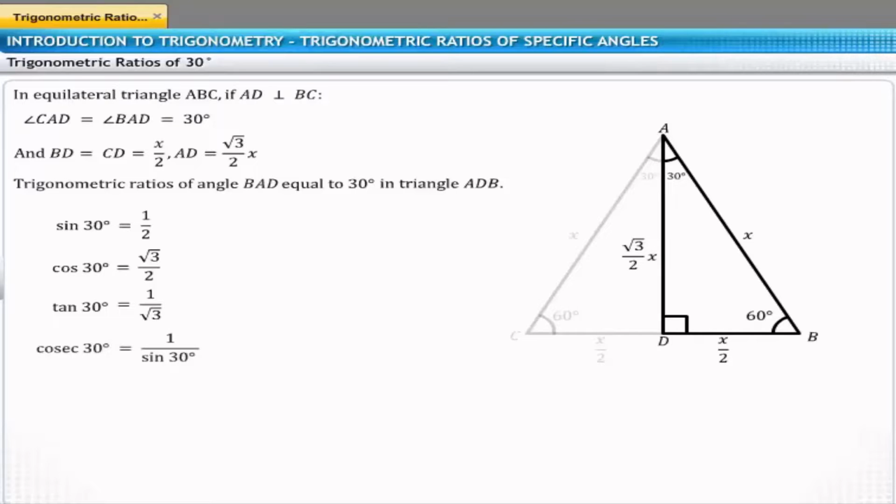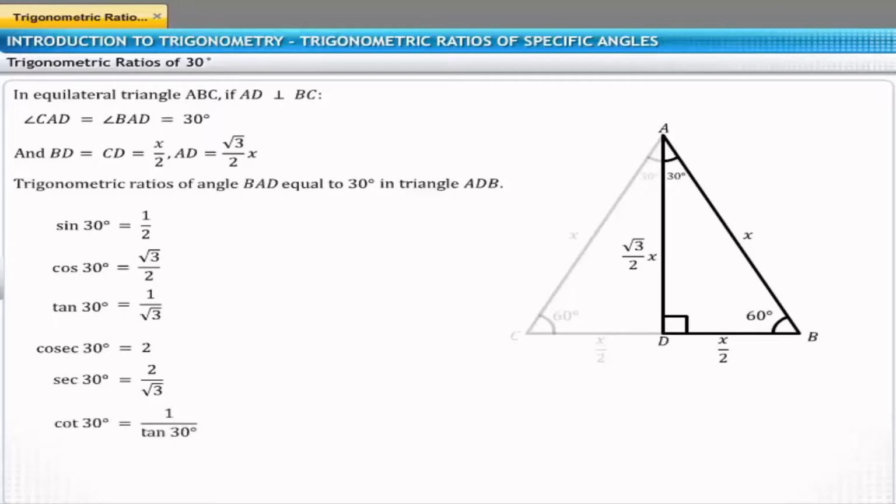Cosec 30 degrees is equal to the reciprocal of sin 30 degrees. Thus, cosec 30 degrees is equal to 2. Sec 30 degrees is equal to the reciprocal of cos 30 degrees. Thus, sec 30 degrees is equal to 2 by root 3.